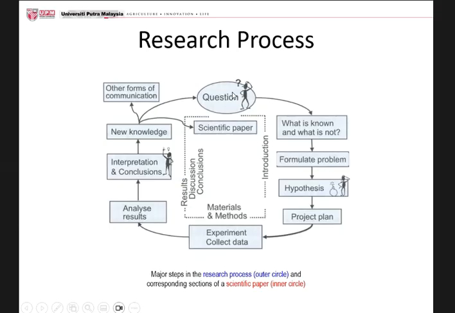Right? But if you already finished your PhD, you don't just go to the next cycle. Maybe you should continue your life or whatever you want to do, otherwise it's a never-ending thing. The major steps in the research are in the outer circle, and the corresponding sections of the scientific paper are in the inner circle.